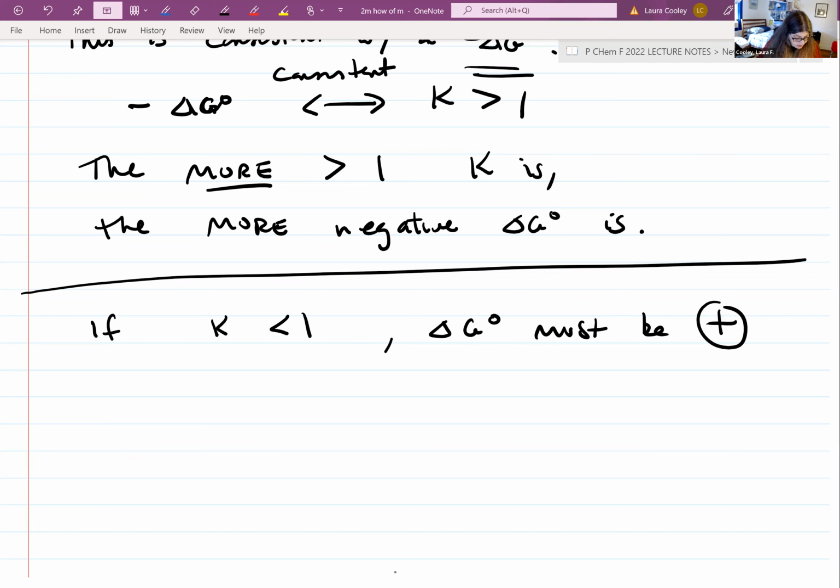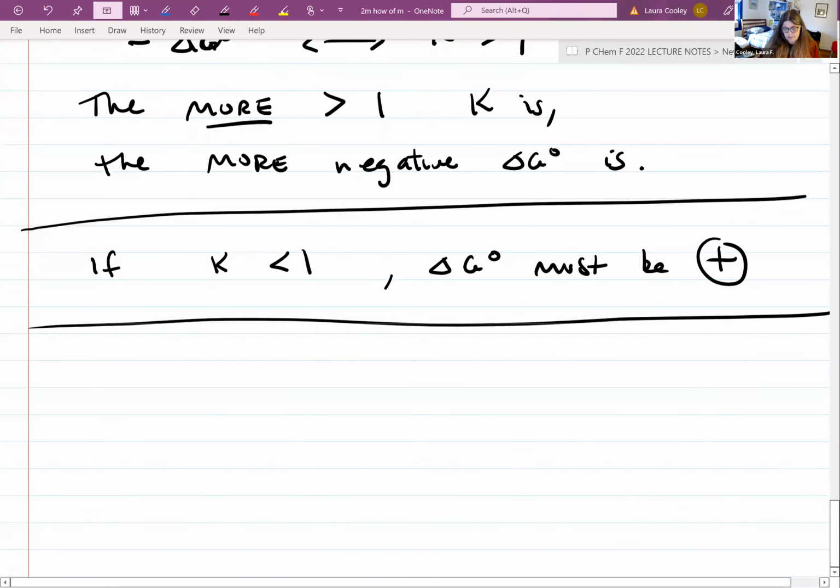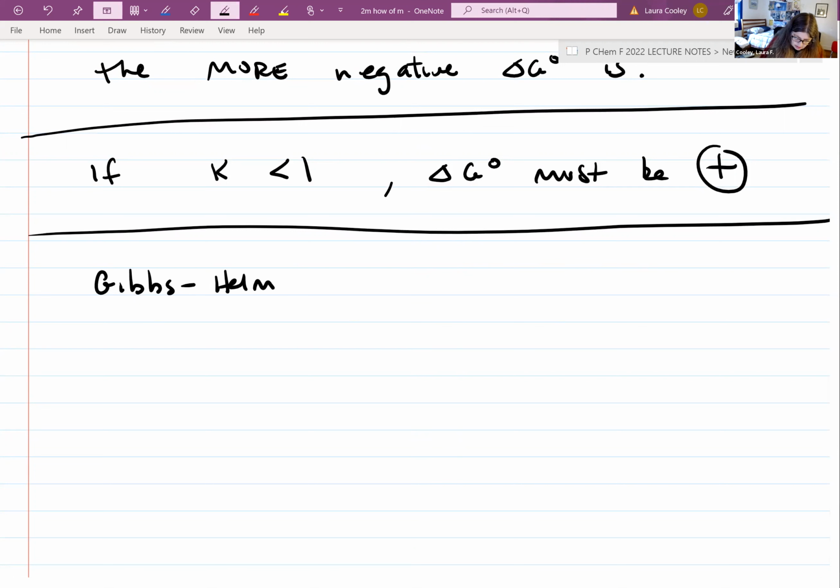Okay, so there's another equation that we use a lot in P Chem Lab, and there are many different forms of it. It's called the Gibbs-Helmholtz equation. And it actually relates changes in the equilibrium constant of a reaction with changes in temperature.